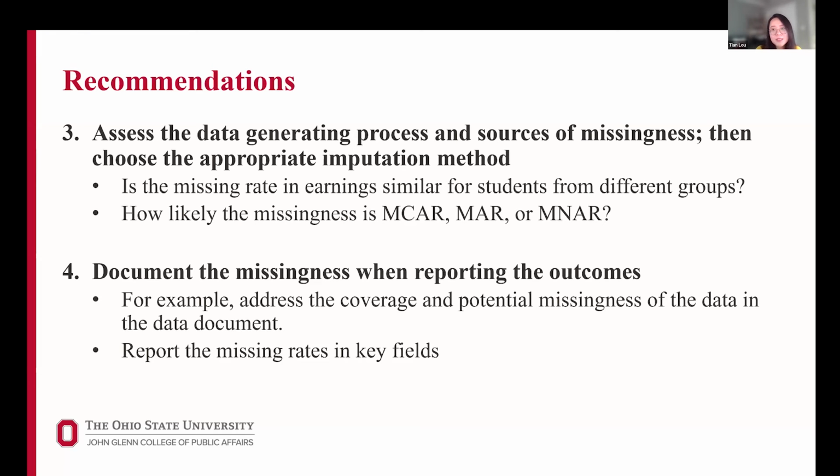A lot of the time it's very likely to be missing not at random. So even with the multiple imputation method, because your information is limited to the observed data, it's very hard to recover those unobserved data. So it may require additional, more advanced imputation methods.